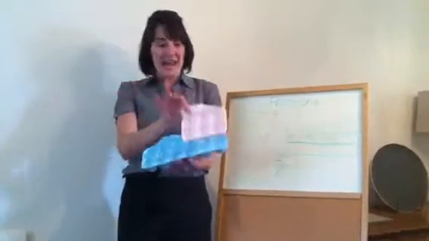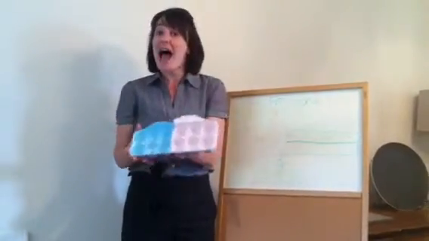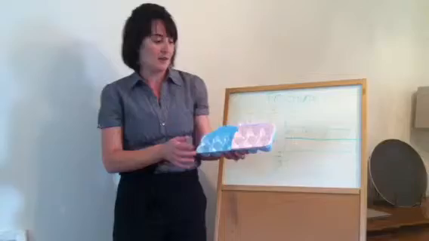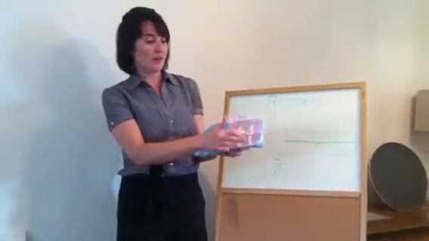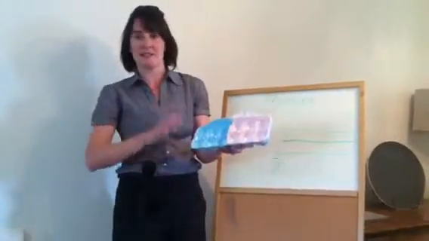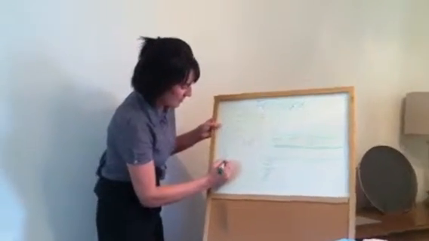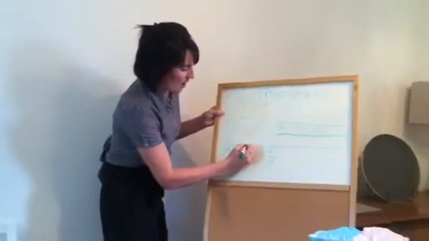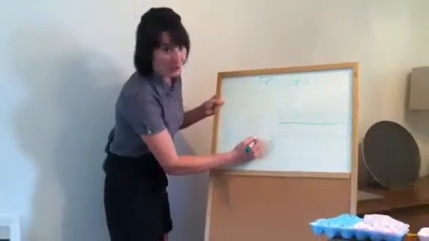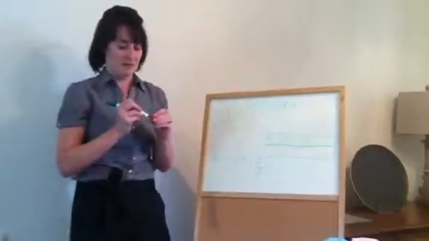How many eggs represents half of the dozen? 1, 2, 3, 4, 5, 6. 6 eggs. So the fraction for this would be half of 12 equals 6.